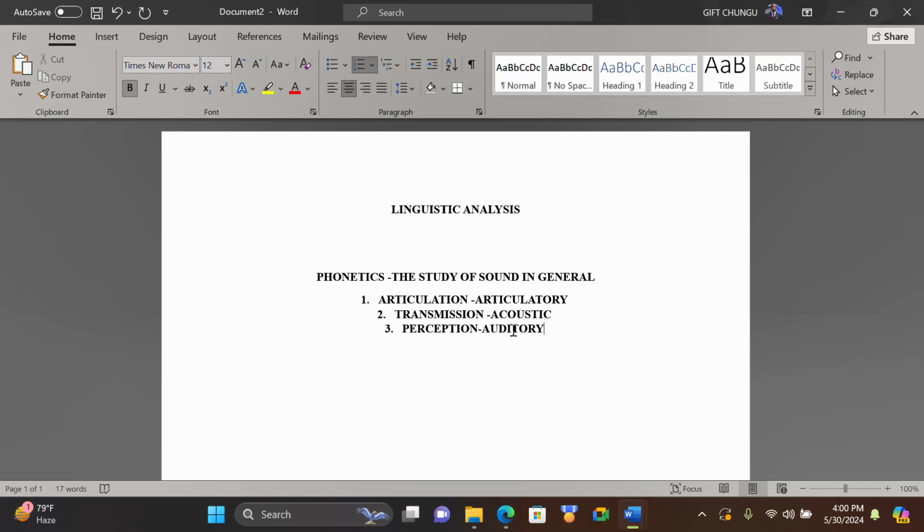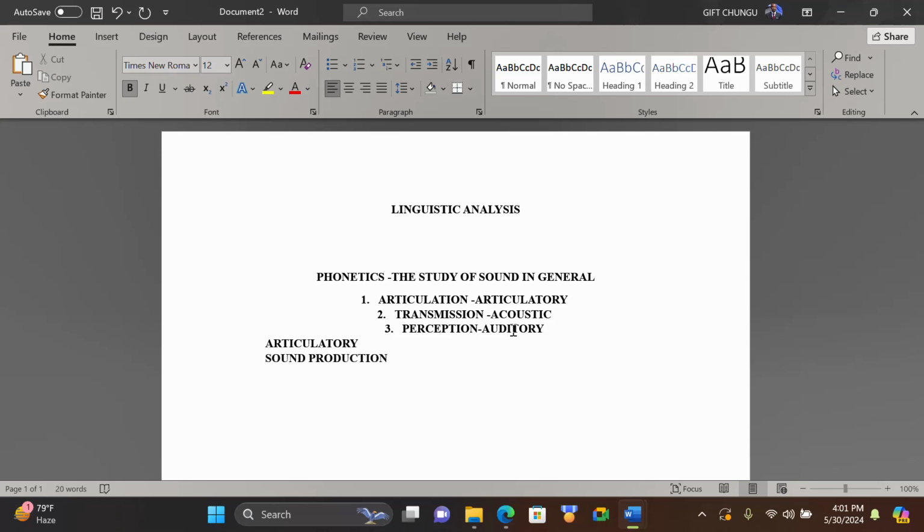Now, what do we look at when we are looking at articulatory phonetics? We are looking at how sound is produced, or sound production.